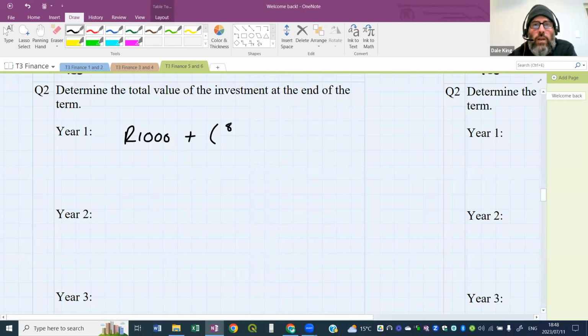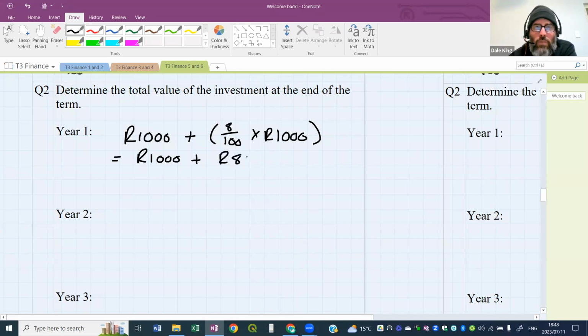Let's write it this way again. 8 over 100, 8% of 1,000 Rand. Okay, and this will give us 1,000 Rand, which you invested, plus your interest, which you earned. And we said that it works out to be 80 Rand, which means at the end of year 1, in your bank account, the balance should be 1,080 Rand.